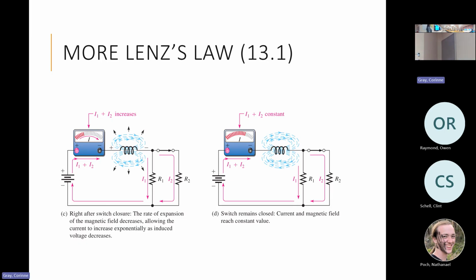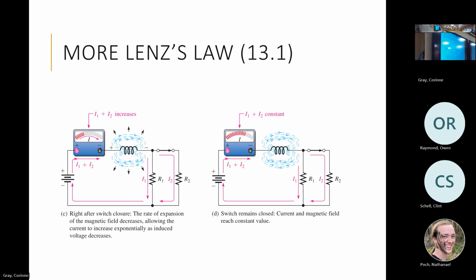The inductor's induced current is going to start to balance out over long periods of time. We'll talk about a new time constant. And then we're going to have the two values added together being some constant value.